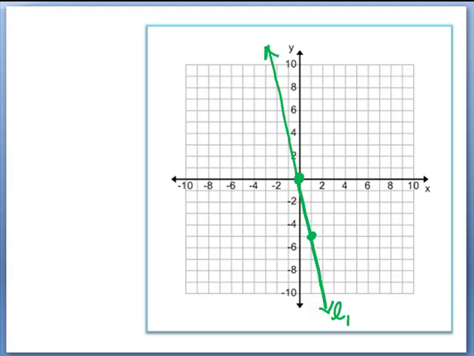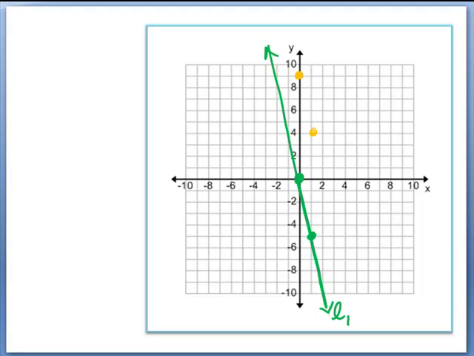Our second line, we're going to color code that, and we'll make that line green. We have a y-intercept of (0, 9), so we're going to find (0, 9) on the y-axis. And we're going to go down 5 spaces because the rise is negative 5, the run is positive 1. 1, 2, 3, 4, 5, and run over 1.